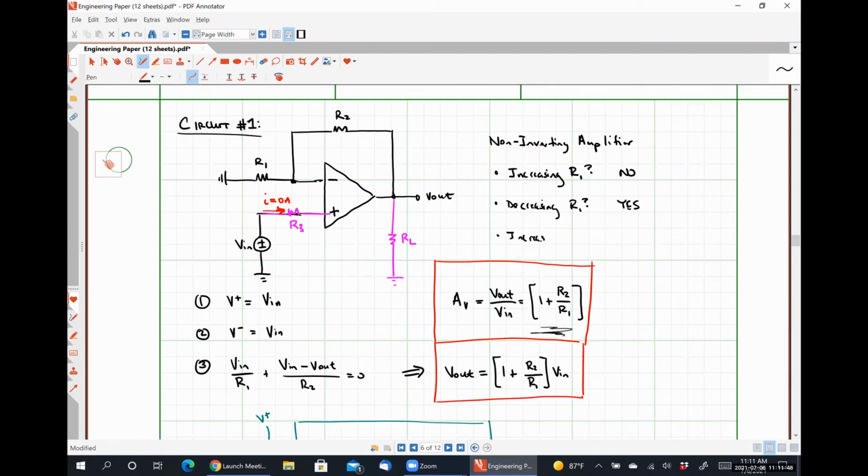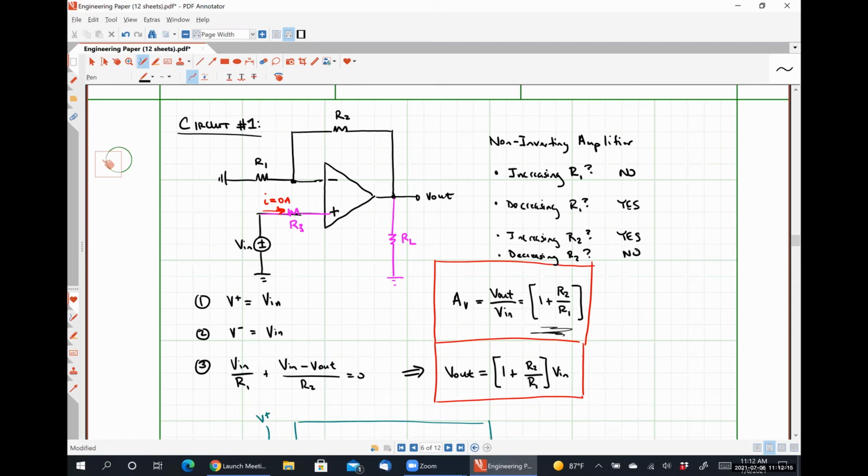Increasing R2. Does that make the voltage gain go up or go down? Go up. And finally, decreasing R2. Decreasing R2, since it's in the numerator, should make the voltage gain go down.